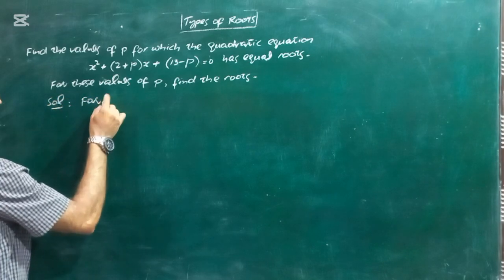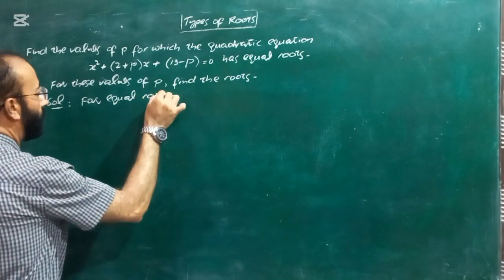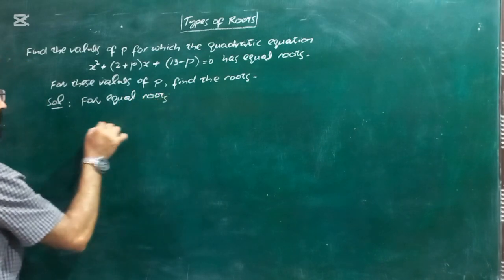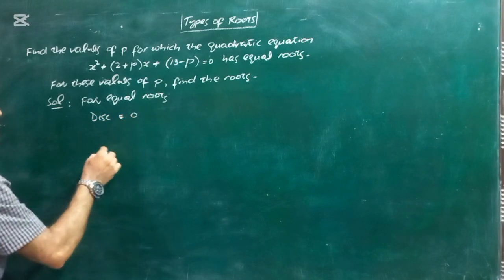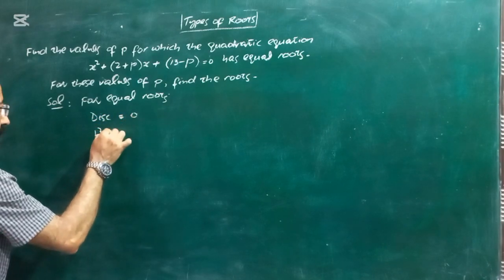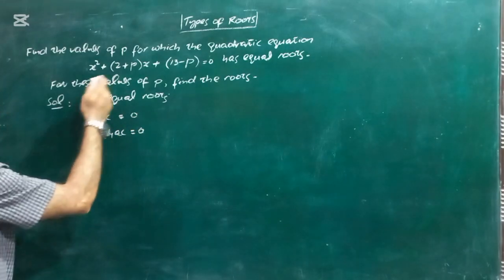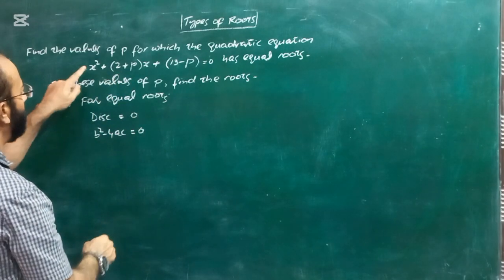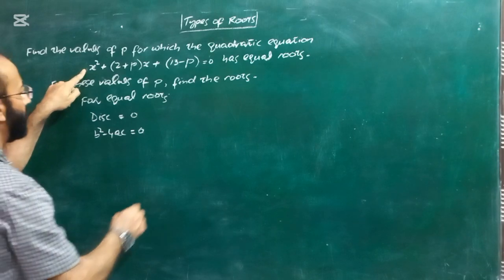For equal roots, the discriminant is equal to 0. So it means b square minus 4ac is equal to 0. From the equation, we can see the coefficient of x square is 1.